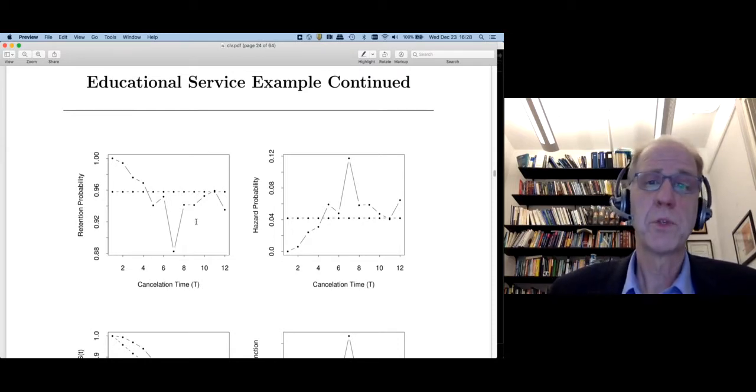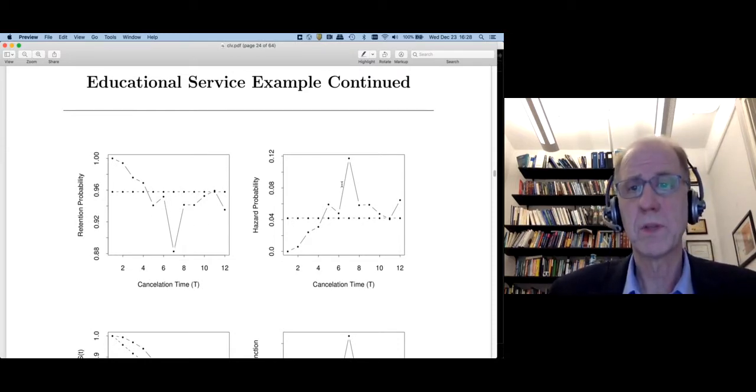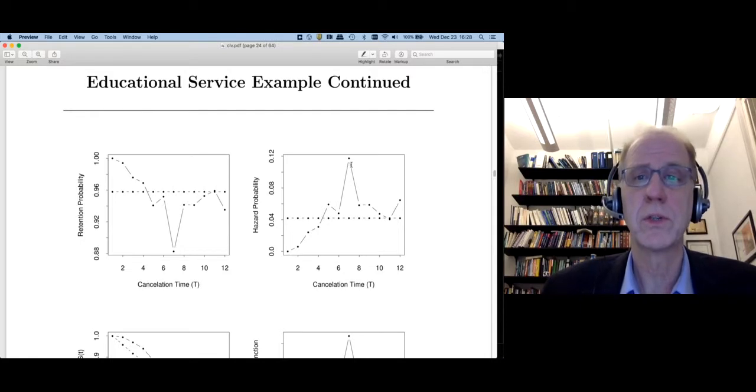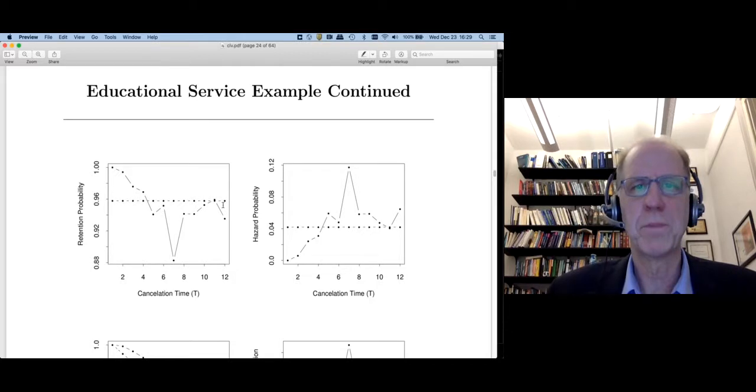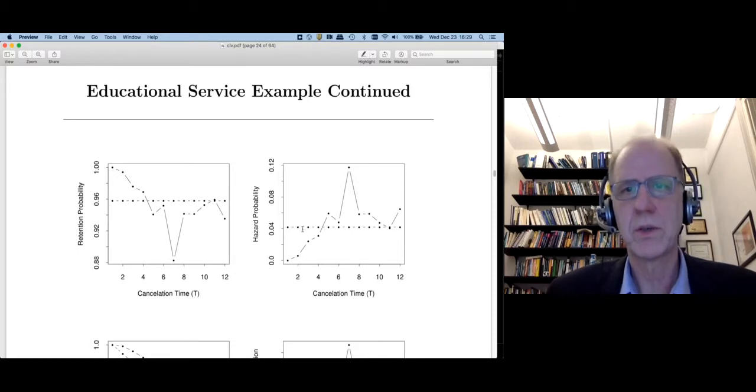The hazard function would just be 1 minus this, and so we see a big spike in churns at month 7. It's like something is happening after month 6. Just for contrast, I've superimposed the simple retention model estimate. The simple retention model assumes constant hazard and retention rates over time.